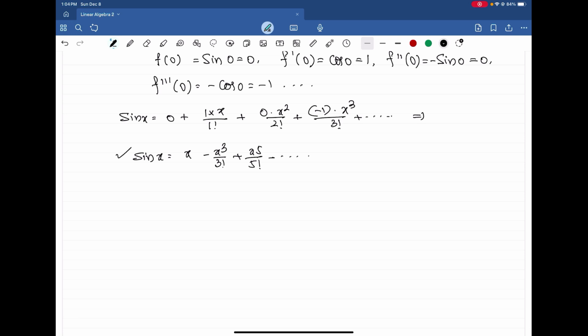This is nothing but what we have previously expressed a few minutes back. It is sin x.